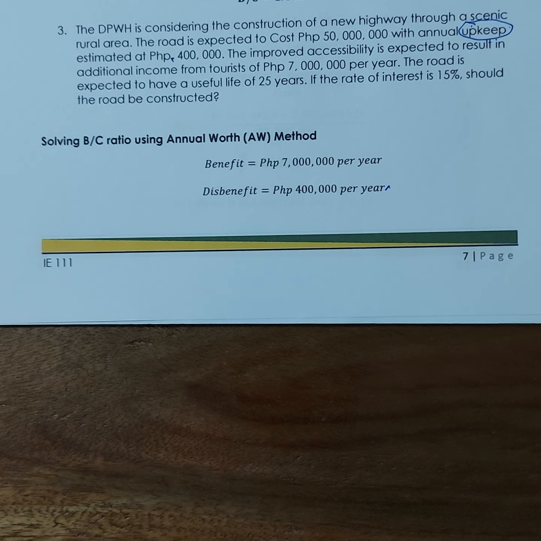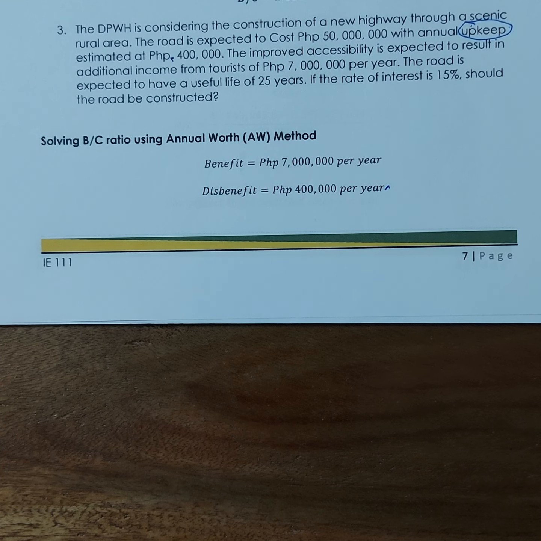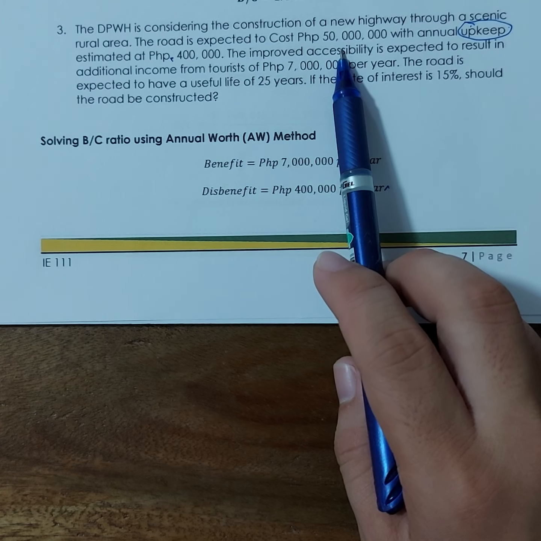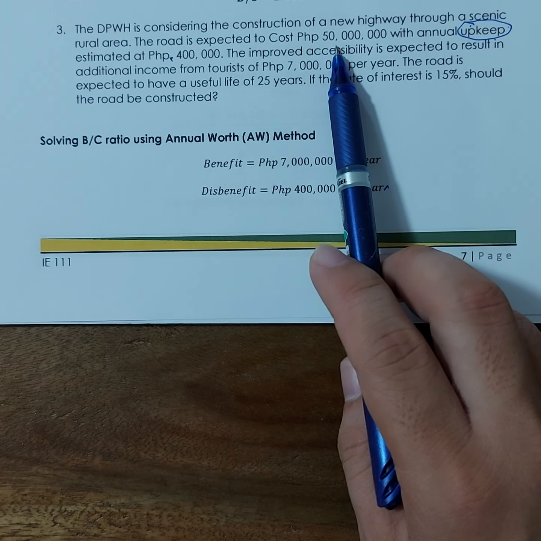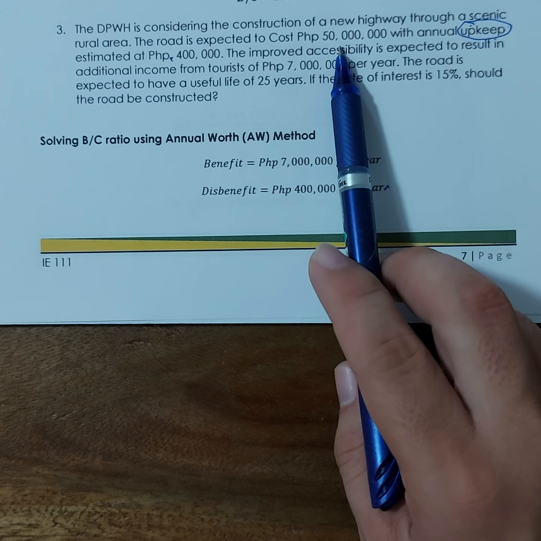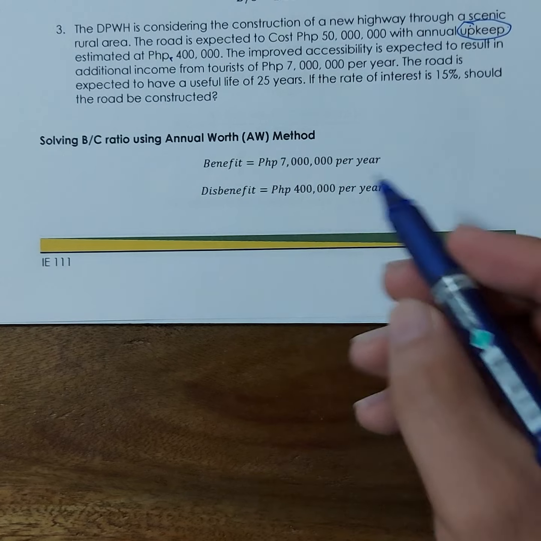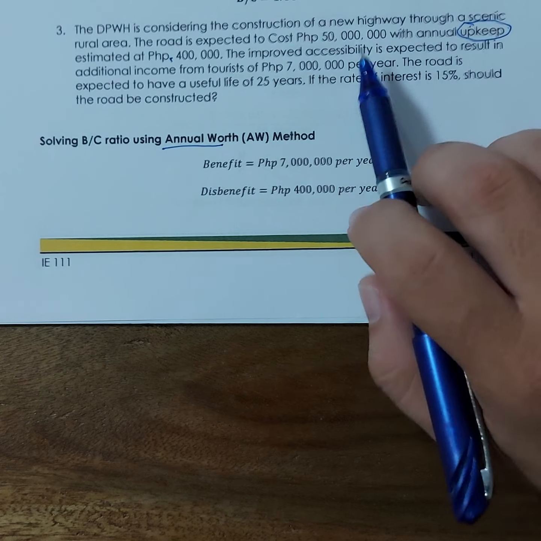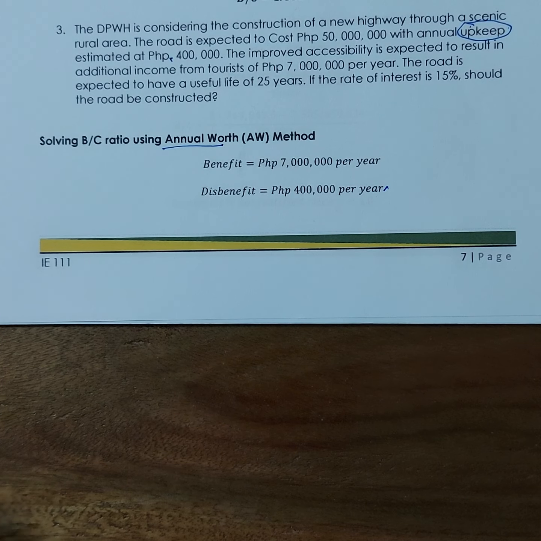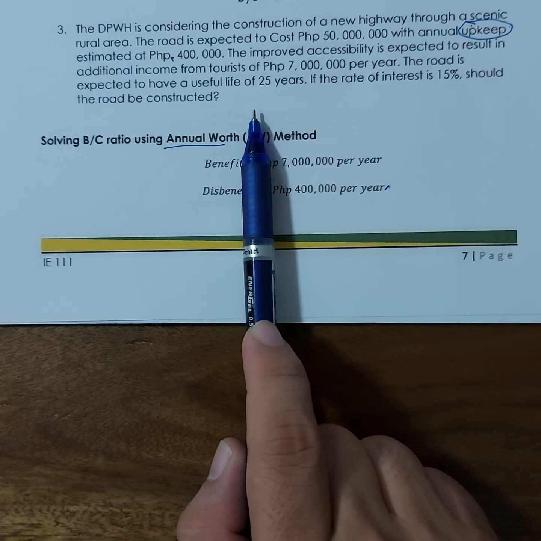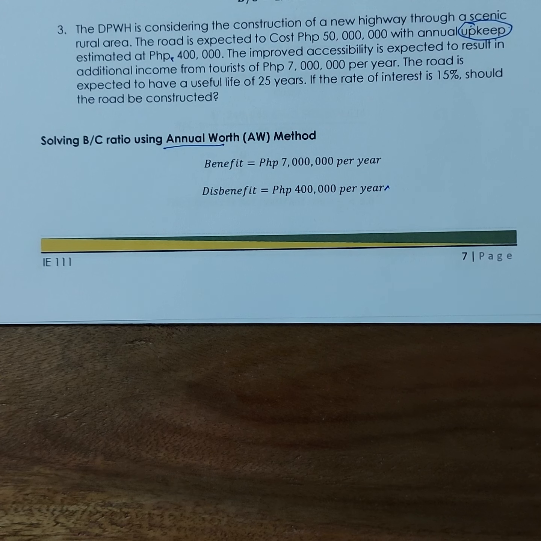Okay. Next, the cost. So yung cost natin is 50 million pesos, and this is the needed amount to construct the road. So kailangan natin i-convert to annual. So, magkano yan annually? Pag distribute natin yan annually all throughout the life of the road, which is 25 years.